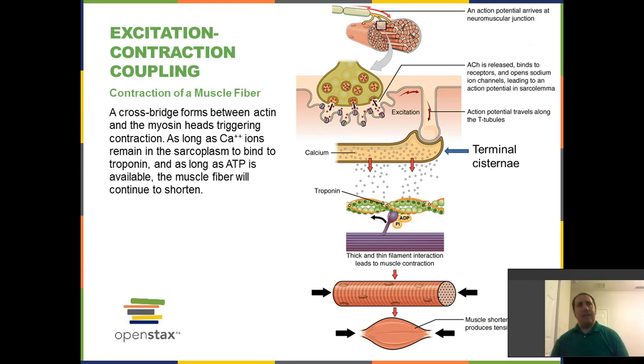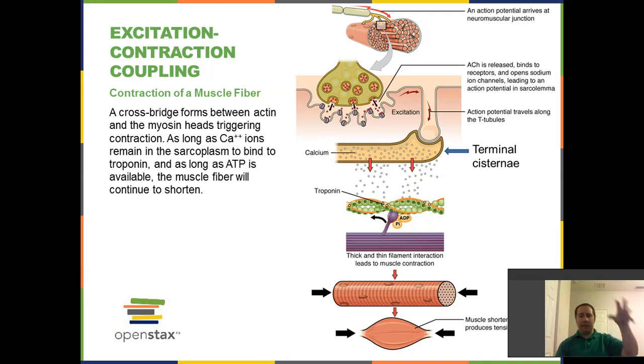Now remember, I said that troponin controlled the location of tropomyosin and determined whether it blocked this whole contraction from happening or not. But I didn't say what controlled troponin. What controls troponin is actually the calcium. When troponin does not have calcium, it leaves tropomyosin in place and it blocks the contraction from happening.